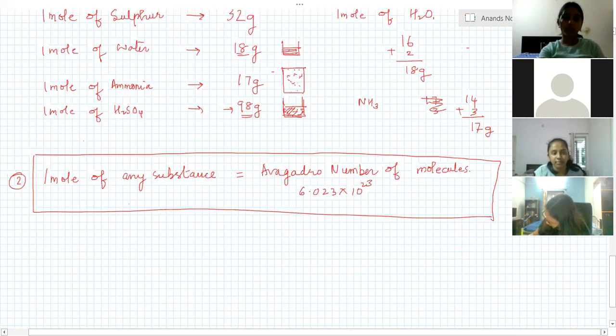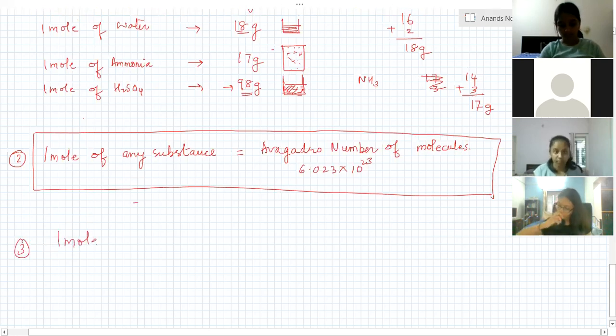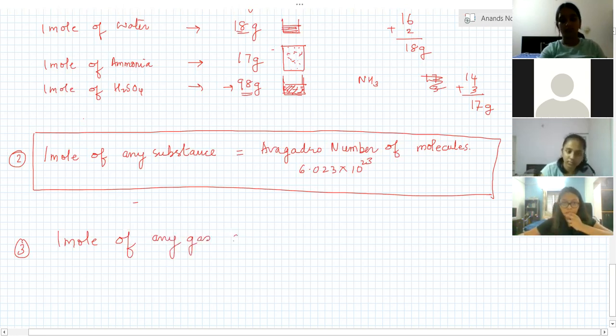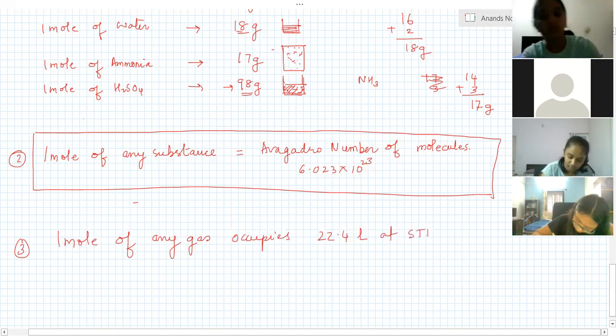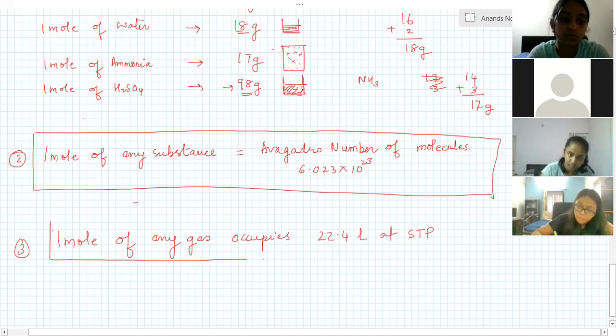And the third thing is, 1 mole of any gas, we have already seen this, occupies 22.4 liters at STP. These three statements. This is the first statement which we already saw.